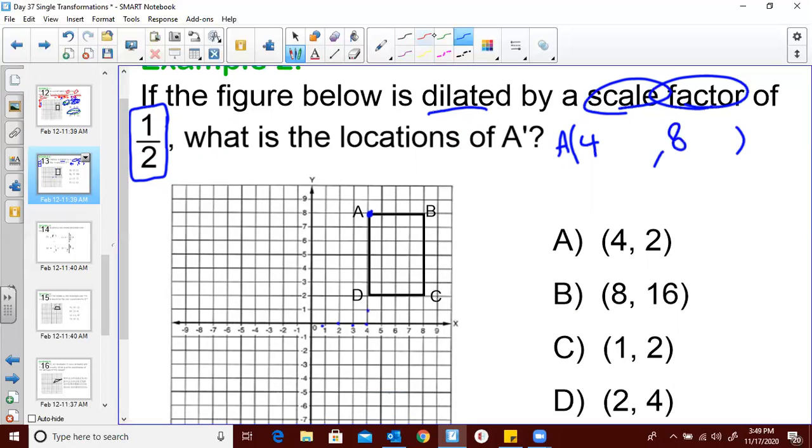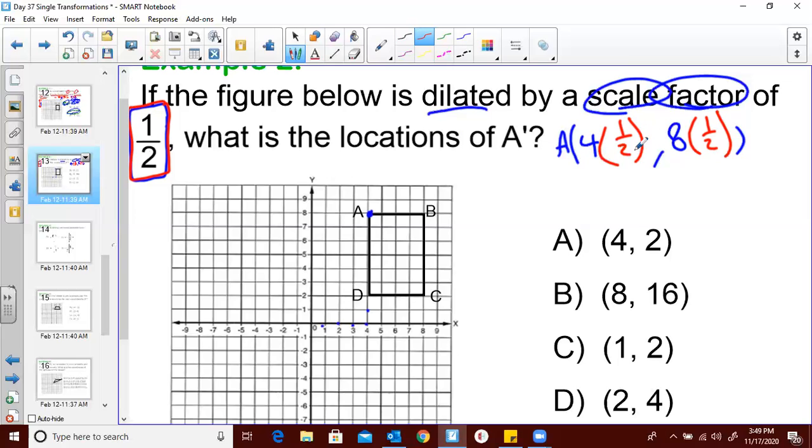All right, well, my scale factor is 1/2. When you're doing dilation, we always want to multiply. So we're going to multiply our x and our y values by 1/2. Some of you guys are like, but Mr. Johnson, if you multiply by 1/2, isn't that the same as dividing by 2? Yep, you're perfectly correct. But just to make it simple, anytime you're doing a scale factor, I suggest you multiply.